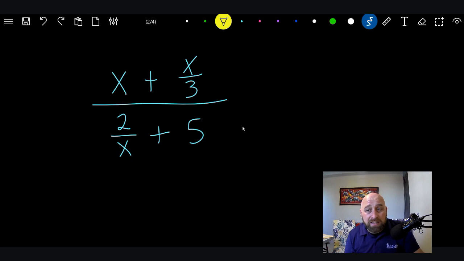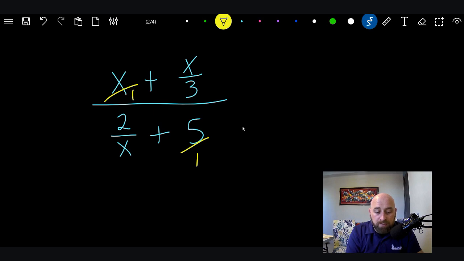The LCD of what? Well, the LCD of the numerator and the denominator, we're going to combine. So what is the LCD? Or in other words, how can we get rid of the denominators? Well, if this one is over 1 and this one is over 1, what's the LCD?